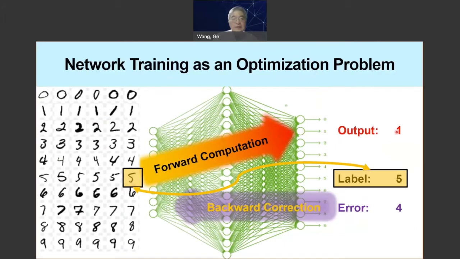This is wrong, so you compare with the label. You know the label, so the error is 4. Based on the error, you can turn back to refine weighting parameters. This can be done using gradient descent search, also called backpropagation algorithm. You do it iteratively.